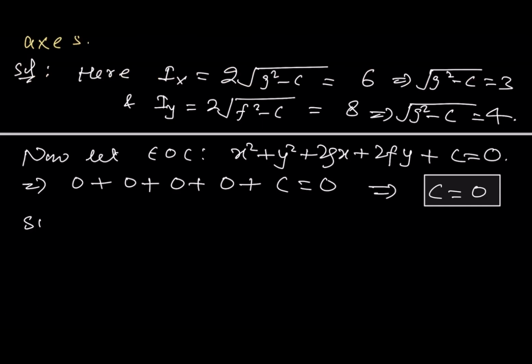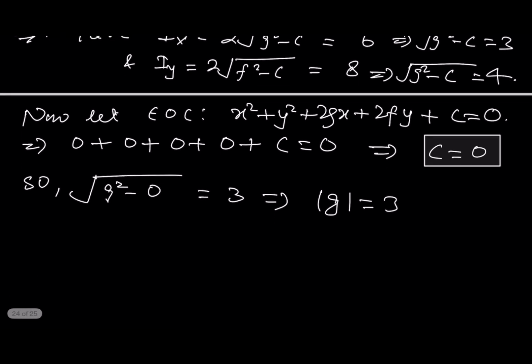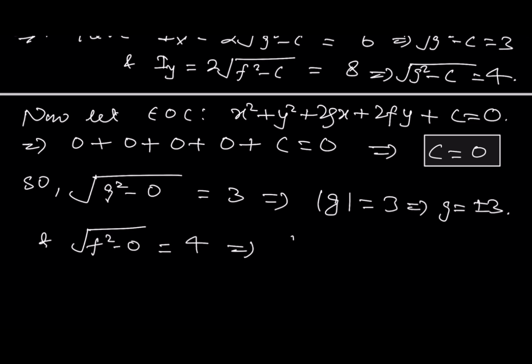So root over g square minus 0 is equal to 3 implies mod g is equal to 3, or g is equal to plus minus 3, and root over f square minus 0 is equal to 4 implies f is equal to plus minus 4, right?